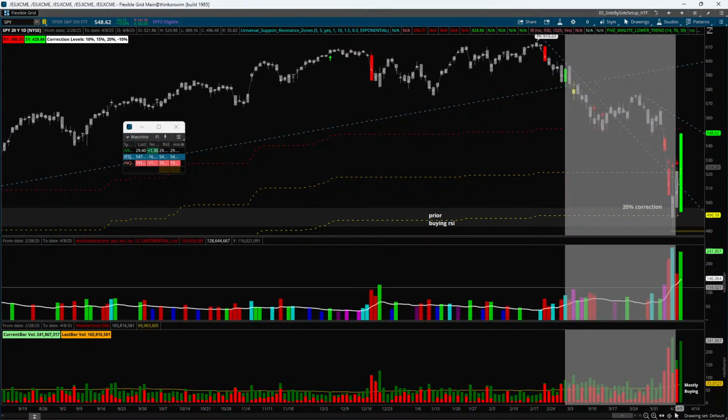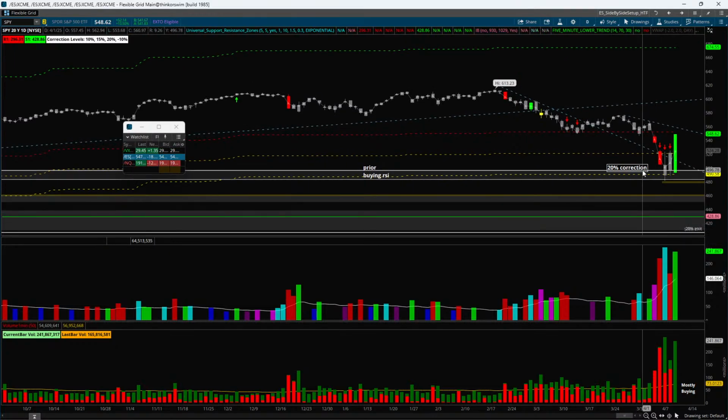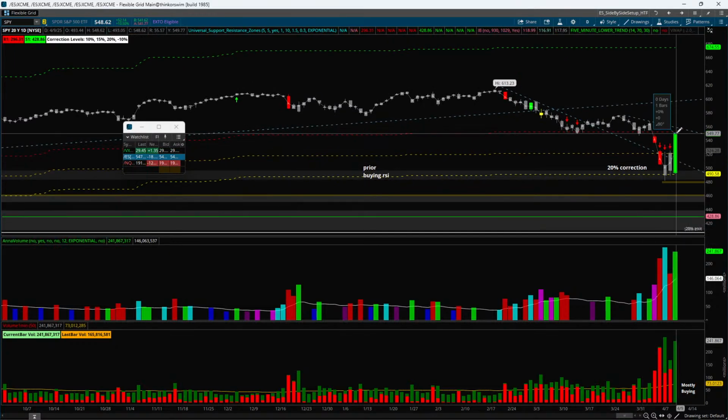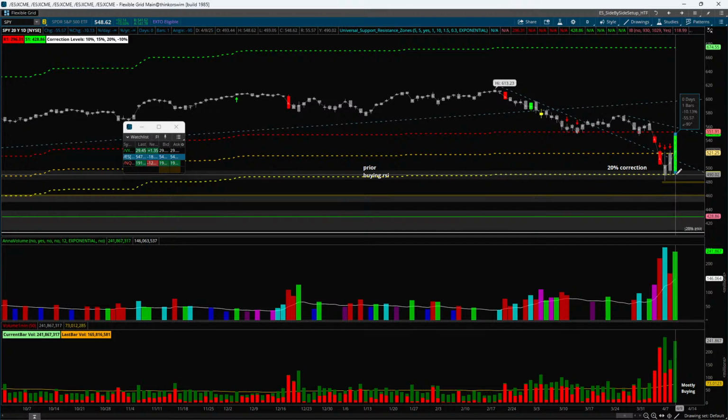So this looks like this here, if everything's correct, should run us up to, this is nothing but 126 points. This candle alone, I'm sorry. I'm thinking about ES.